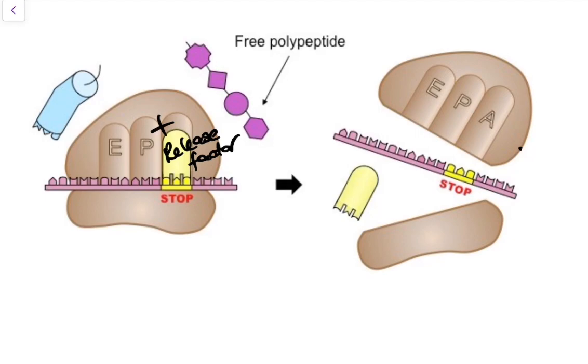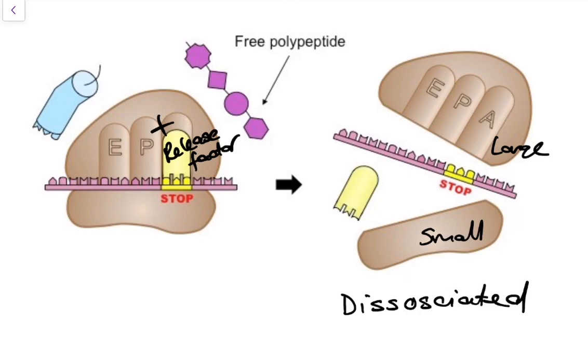Well, first of all, the large and the small subunits have separated. The fancy way of saying that is dissociated. We can see that the mRNA that was used has been released, and we've also released the free polypeptide.